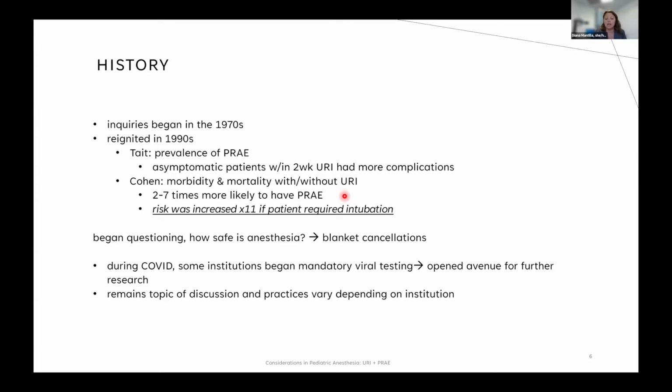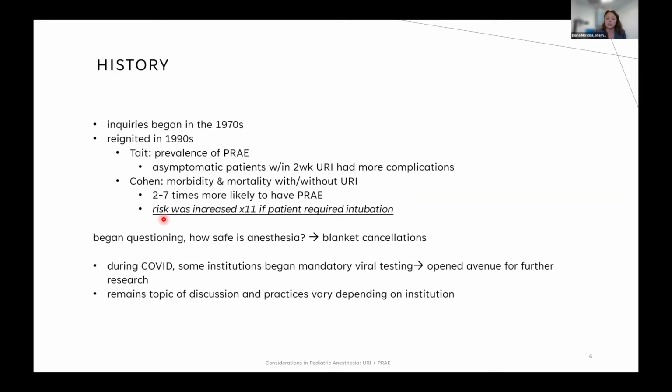And then a few years later, Cohen and his cohort noticed that the morbidity and mortality with and without upper respiratory infections were 2 to 7 times more likely to have PRAE. And with and without is whether or not they had symptoms at the time of surgery.